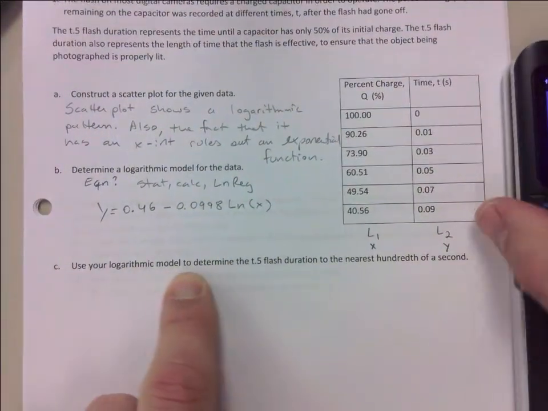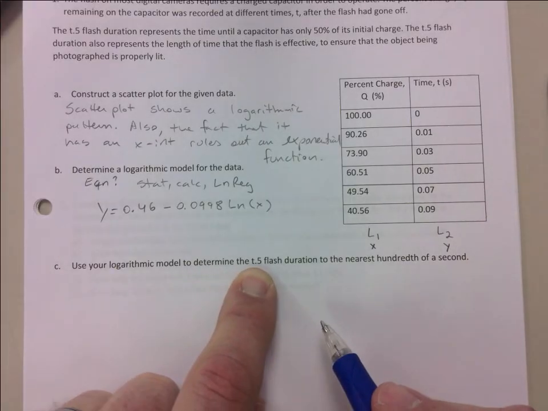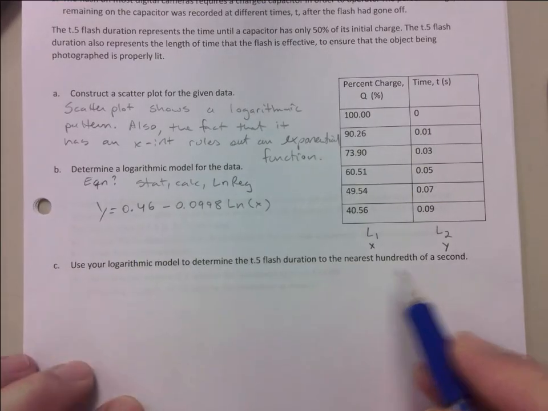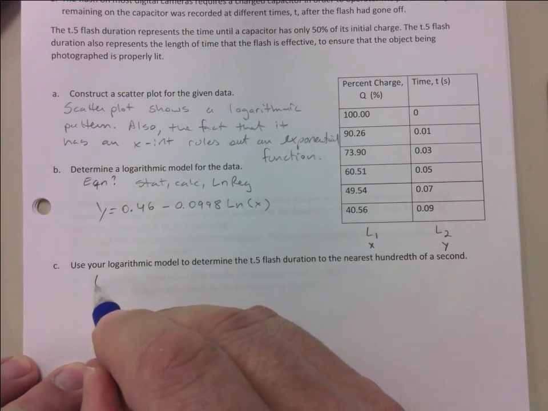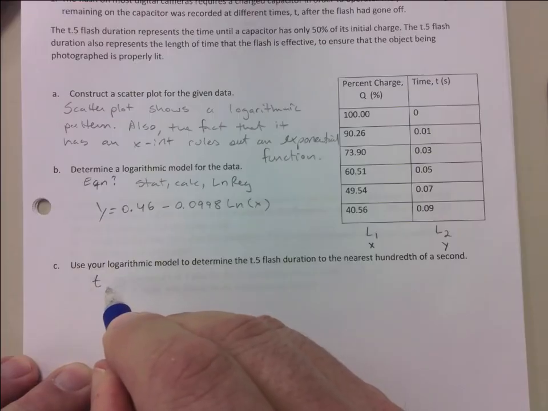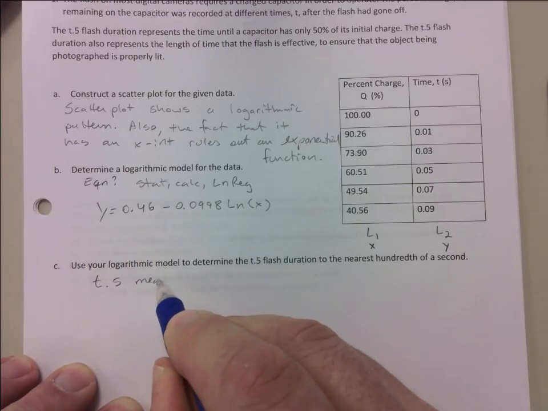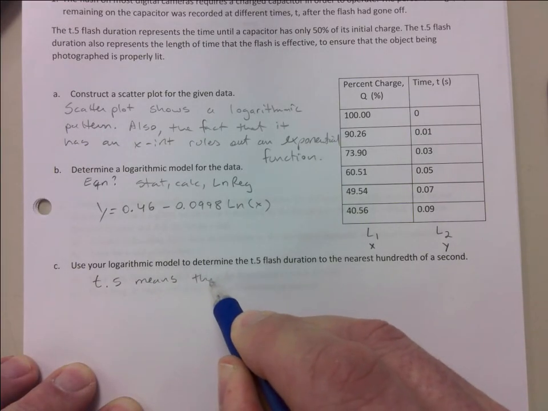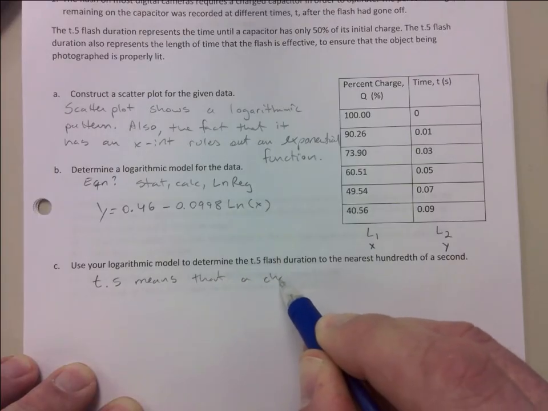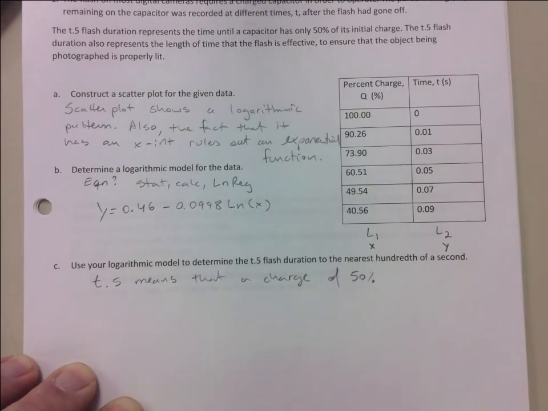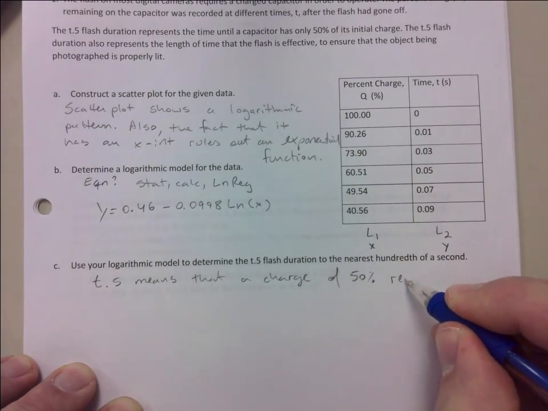Use your logarithmic model to determine the T5 flash duration to the nearest hundredth of a second. T5, right, T.5 means that a charge of 50% remains.